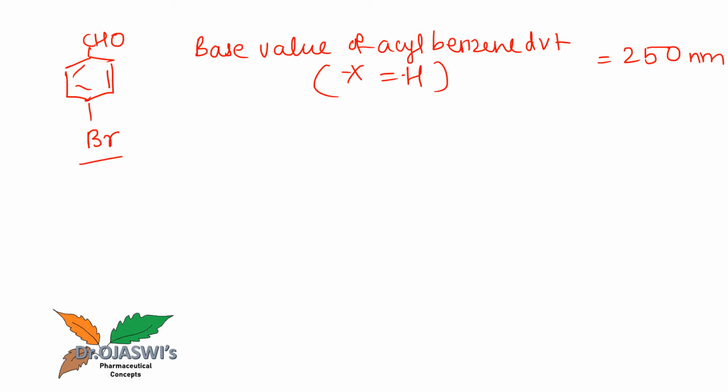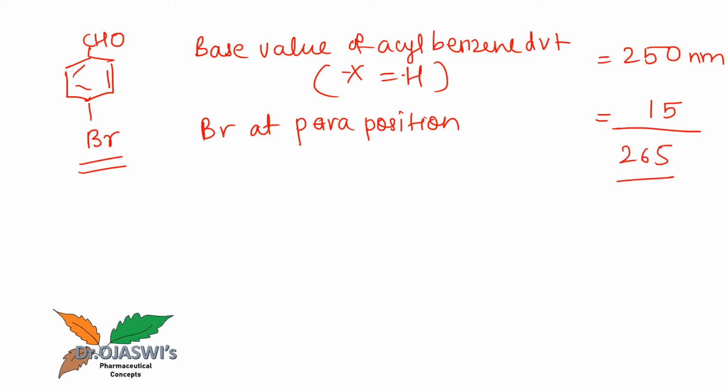And further I see this bromine at the para position. So I can add 15 units as per the earlier chart which I had shown you for the various values, and thus the theoretical lambda max of this compound is found to be 265 nanometers.